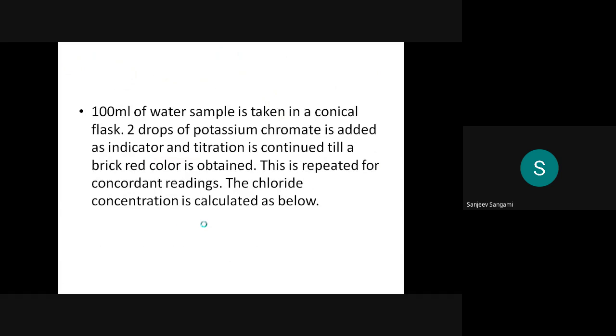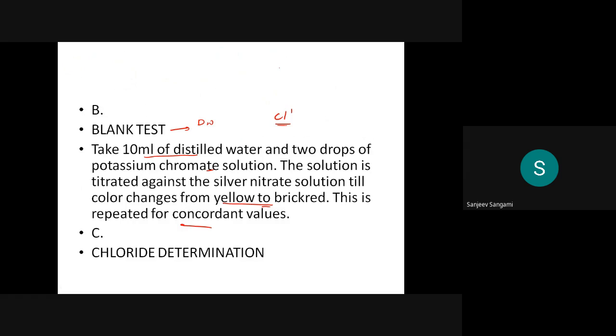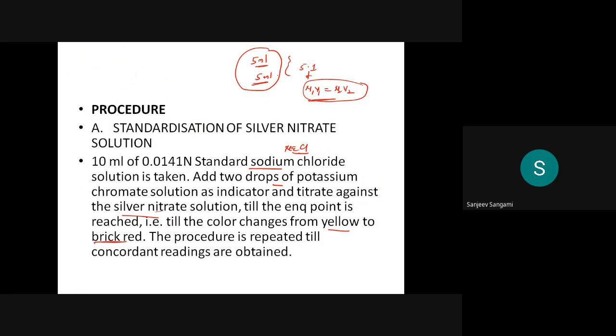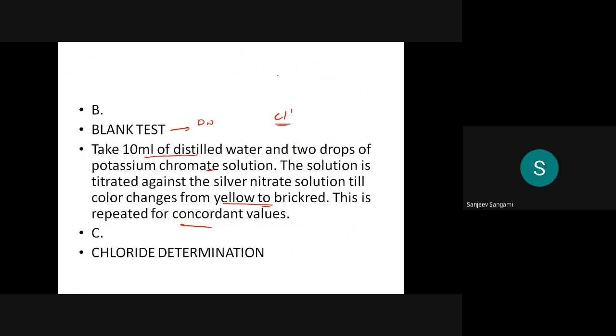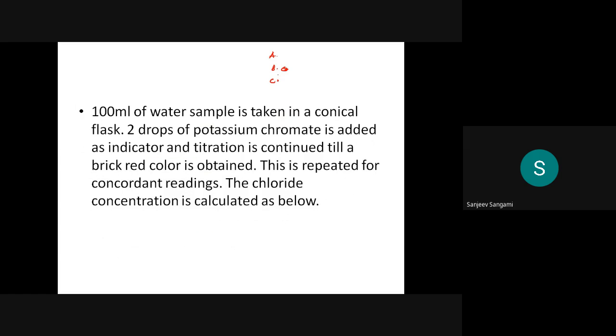Then, how the chloride is determined is the third step. So we did 3 steps: A is for the standardization, B is for the blank test, and C is for chloride determination. For chloride determination, you have to take 100 ml of water sample in a conical flask.